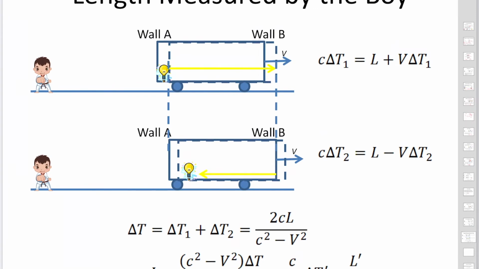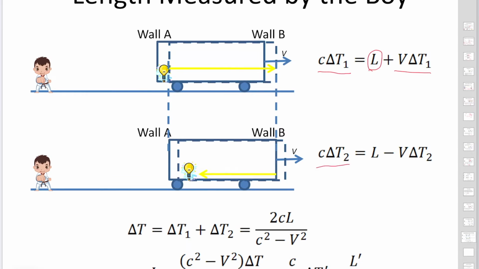C delta T sub 1 is the total length the light travels from wall A to wall B. It is equal to L, the length of the train, plus V delta T sub 1, which is the length wall B moves toward the light.